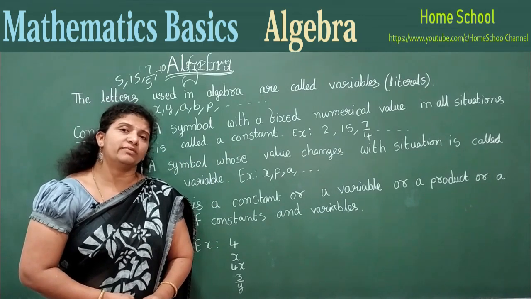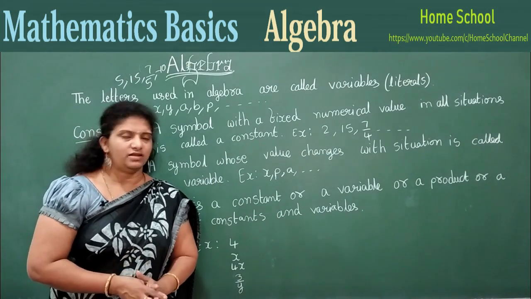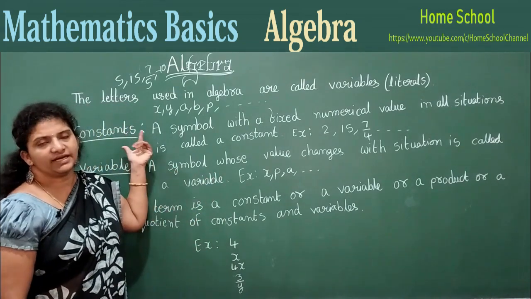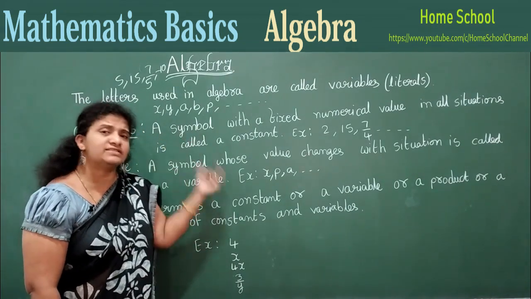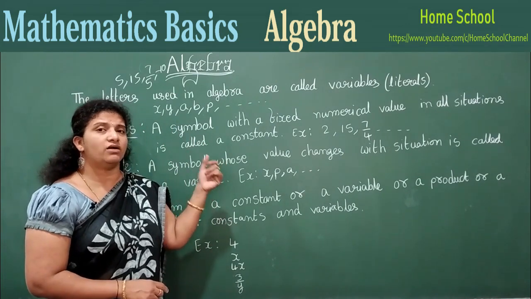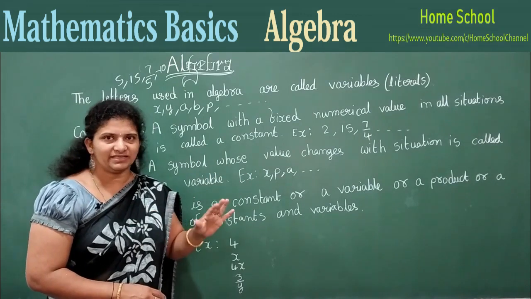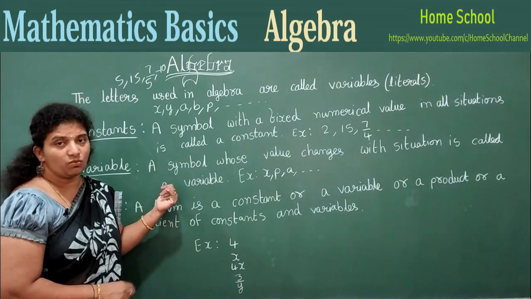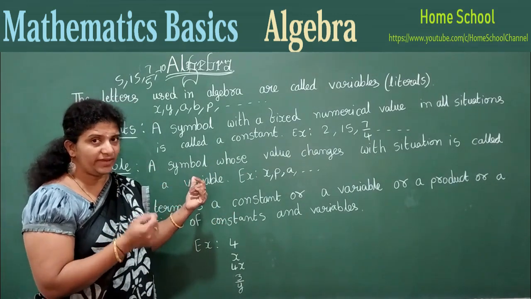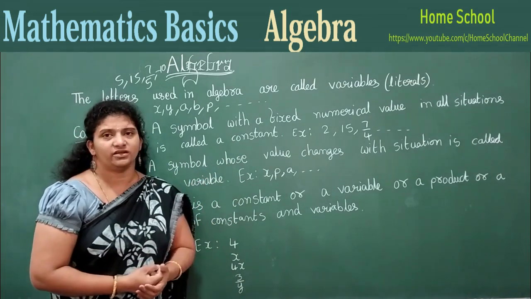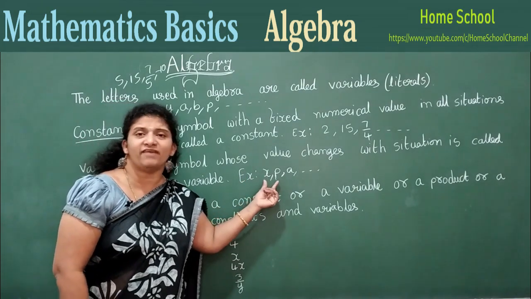Algebra deals with the combination of variables and numbers. Constant means it has a fixed value; the symbol or number we use will be fixed, there won't be any change. Coming to variables, the letters or symbols we use will vary according to the situation, so they do not always have the same value.